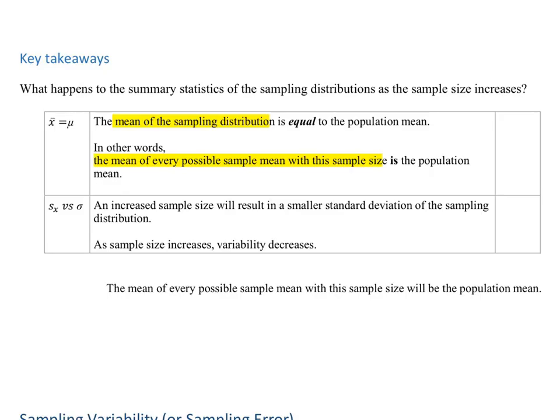The other key takeaway right here is that as the sample size increases, the standard deviation of the sampling distribution decreases. As sample size increases, variability decreases. Okay, so again, what is a sampling distribution? The set of all sample means of a given sample size.